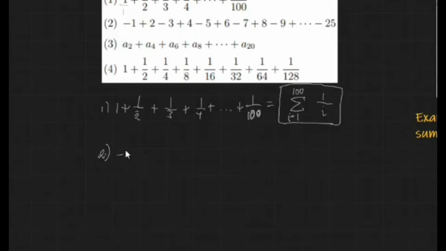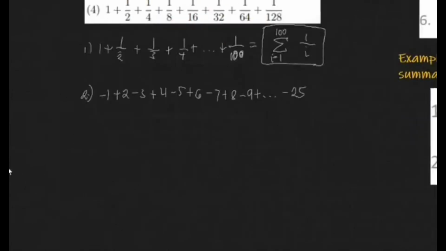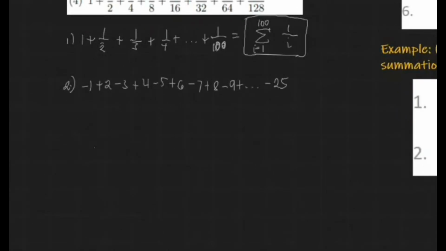Number 2 ay negative 1 plus 2 minus 3 plus 4 minus 5 plus 6 minus 7 plus 8 minus 9 plus and so on until negative 25. Naku, paano ko pa ito? Pero you have to use your observation. Okay. Summation of, okay, kung mapapansin nyo, alternate yung sign.